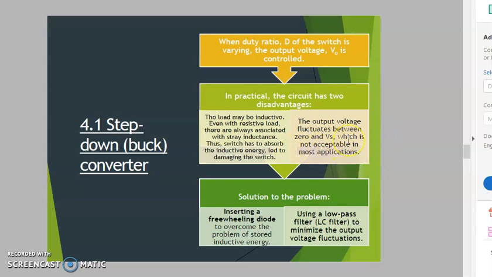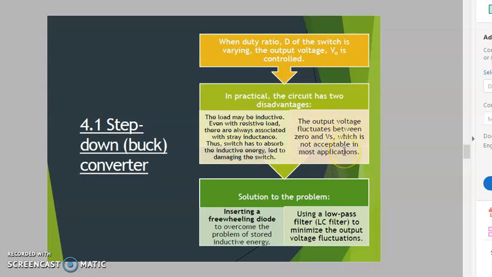The spike we have to eliminate, or we have to filter, such that the voltage spike, this is referring to the current spike or the current discontinuous flow. This is referring to the spike of the voltage.